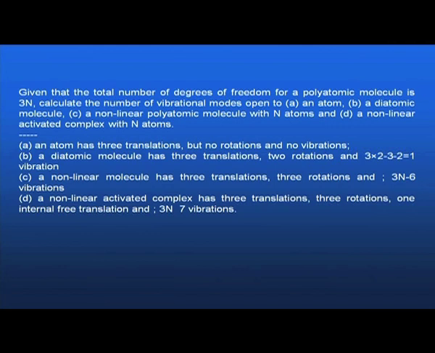If you apply transition state theory to find the number of vibrational degrees of freedom remaining for an activated complex, you have to think that out of the many vibrational modes, one will be taken off and added to the translation. The one added to translation should not be called a direct translational mode, but it can be called an internal free translation.